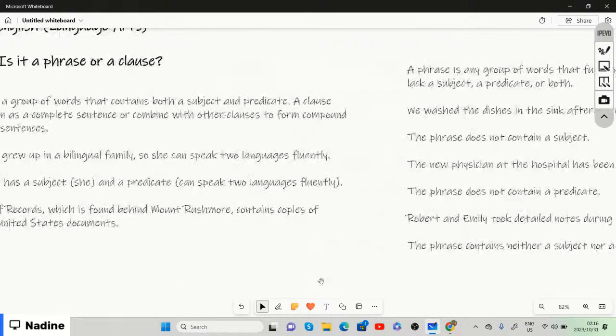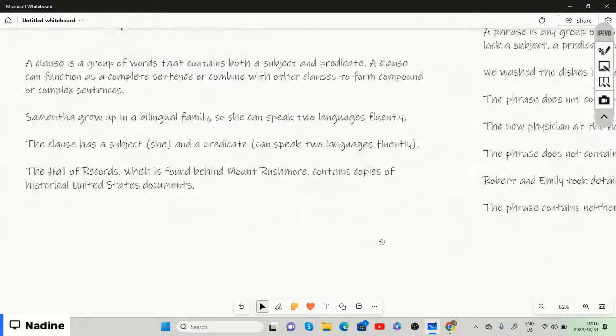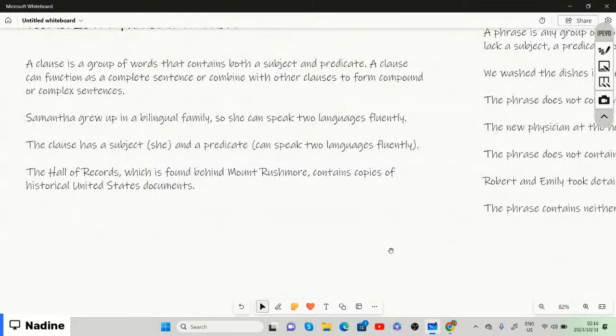And we said a clause is a group of words that contains both subject and predicate. And a clause can function as a complete sentence or combine with other clauses to form a compound or complex sentence.